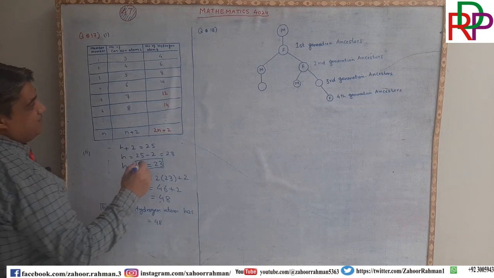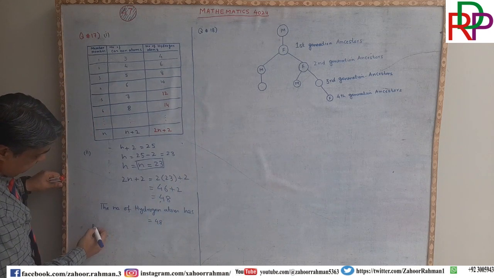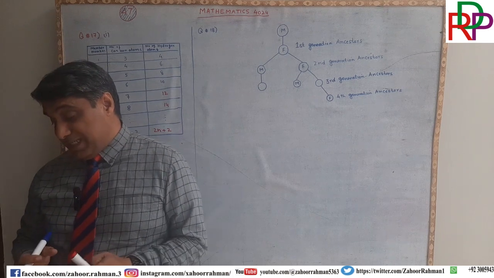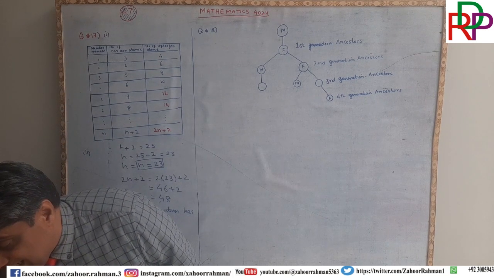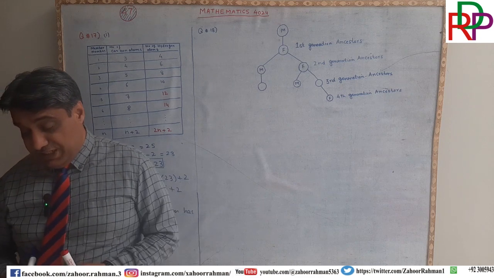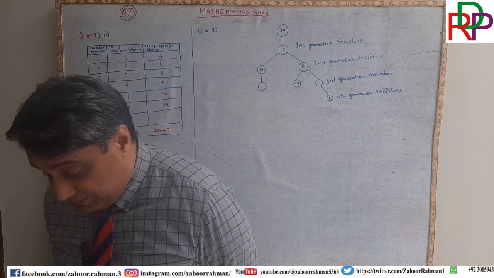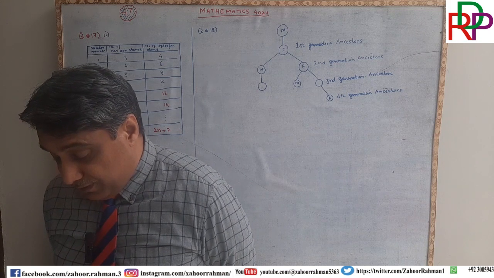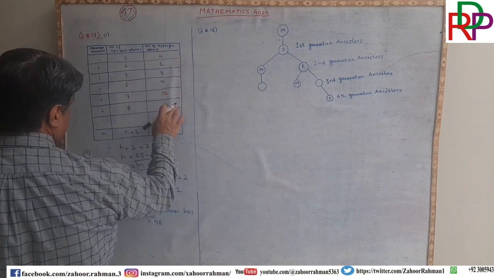Now, ladies and gentlemen, let us do part number three. In part number three, pay special attention that they are telling us about the hydrogen atoms. How? If the kth member of the family has 64 hydrogen atoms, so we have to deal with this.